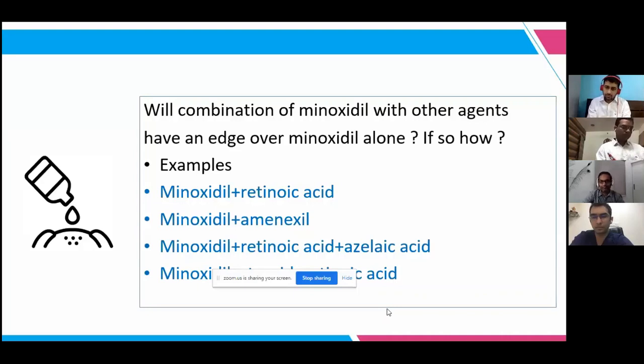Will a combination of minoxidil with other agents have an edge over minoxidil alone? If so, how? Some examples: minoxidil plus retinoic acid, minoxidil plus aminexil, minoxidil plus retinoic acid plus azelaic acid, minoxidil plus steroid plus retinoic acid. These are the combinations available in the market. Do you prescribe them, or do you think they have an edge over minoxidil alone? Will you please explain?